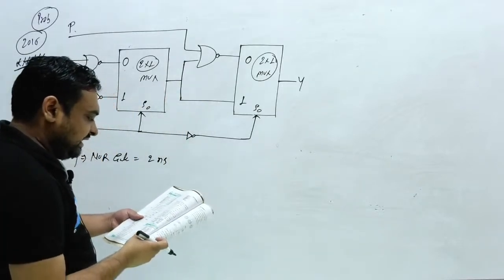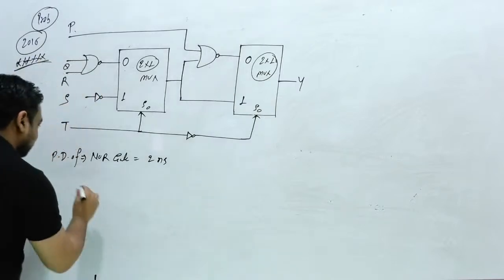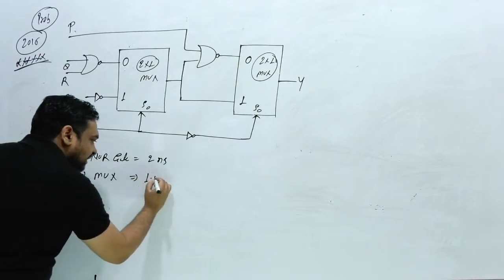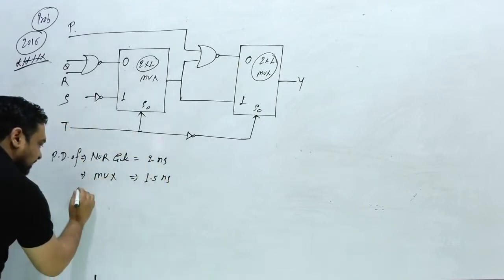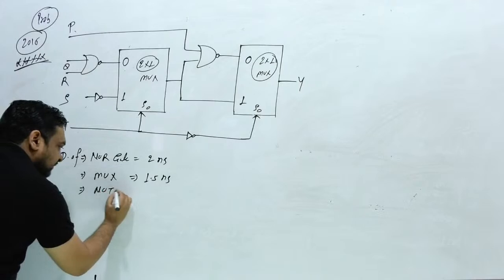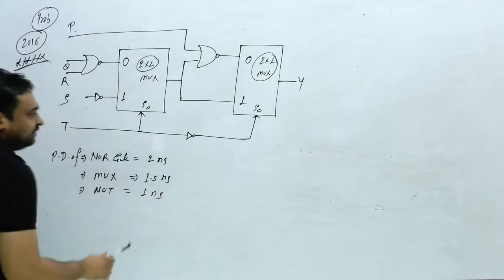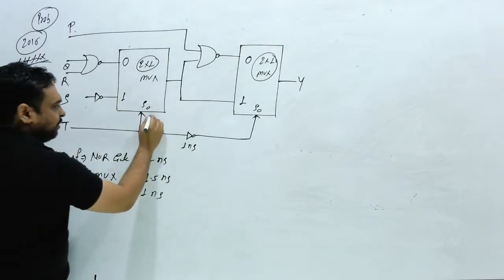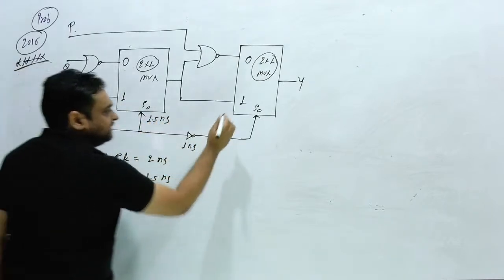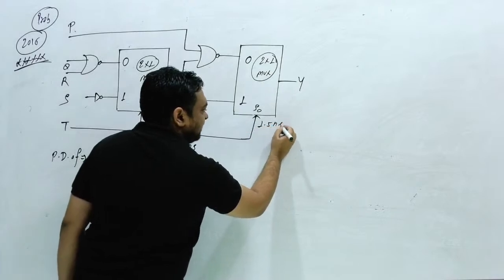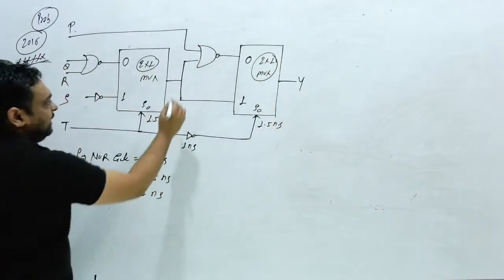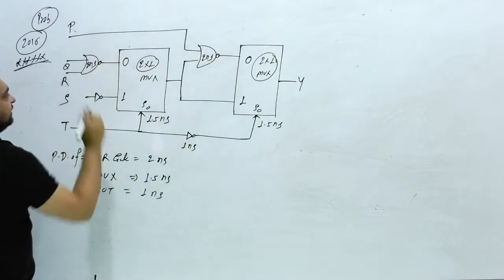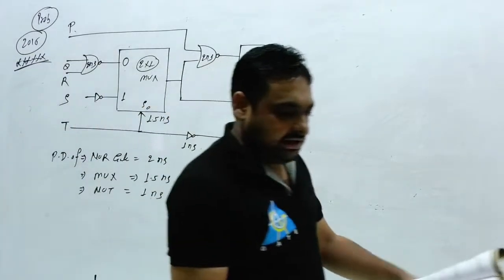Second, they have provided the multiplexer delay is 1.5 nanosecond, and the NOT gate delay is 1 nanosecond. So this NOT gate delay is 1 nanosecond, this multiplexer 1.5 nanosecond, and this multiplexer 1.5 nanosecond, and this NOR gate is 2 nanosecond, and this is 2 nanosecond. This thing they have provided.